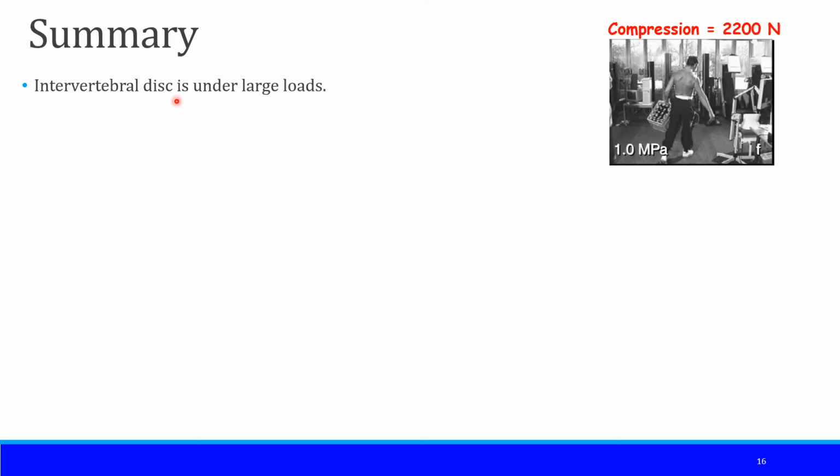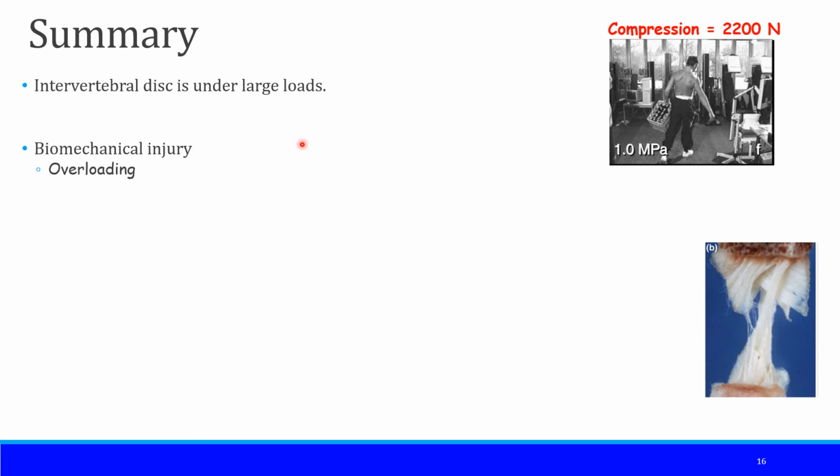So intervertebral discs are under large mechanical load, and these loads can easily exceed 1000 Newton. The injury in the spine can take place due to three reasons. Overloading, which means that a very significant mechanical load is applied to the spine, which can be due to an accident, for example in a car crash, or someone lifting a very large load.